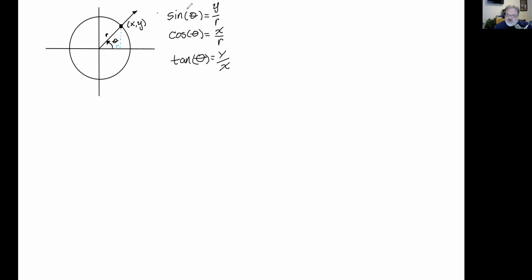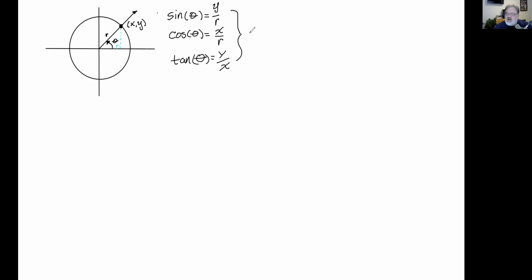So we'll start associating sine with y values, vertical displacement, and cosine with x values, horizontal displacement, in ratio to the radius of the circle.